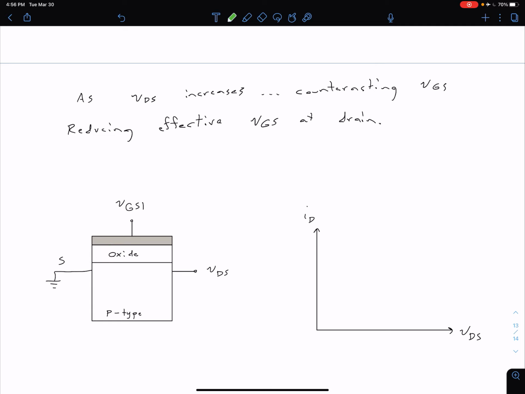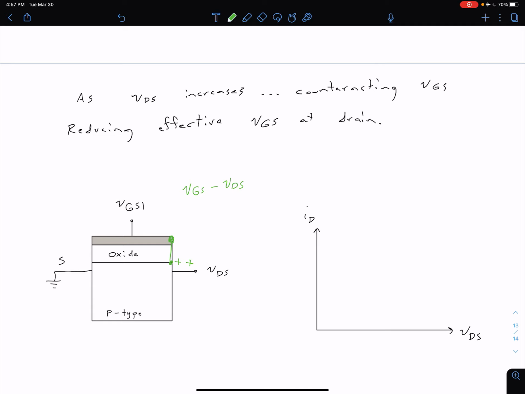Over on this side, we're at a ground potential, so we're going to have the full VGS value. However, as this VDS gets larger, we're going to have some positive voltage here. So we have to work a little harder, because the relative voltage between this point on our gate and this point on our drain isn't the full VGS, but rather VGS minus VDS.